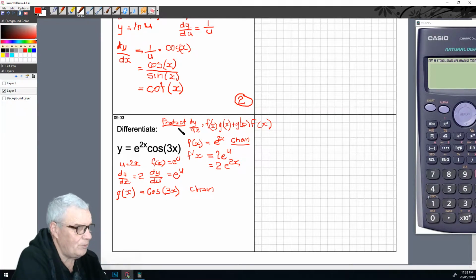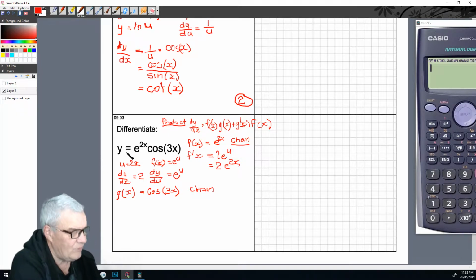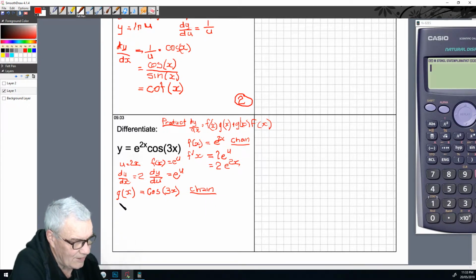So we've got to use the product rule to differentiate the function, and then each of the functions requires the chain rule to differentiate those. So let's say we let u equal 3x, du by dx equals 3.